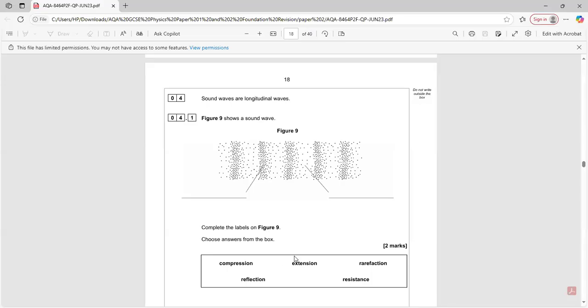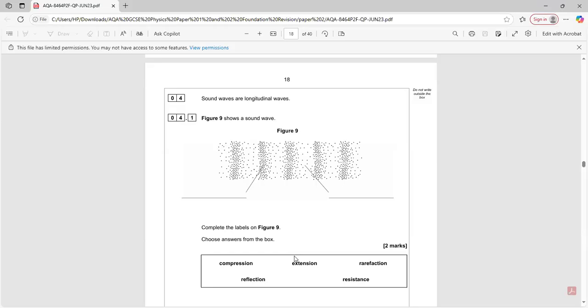But in the case of longitudinal, both the direction of vibration and the direction of movement of the wave are in the same direction. And that's what happens for sound. Imagine a speaker producing sound, going back and forth based on the beat, the bass in the sound.